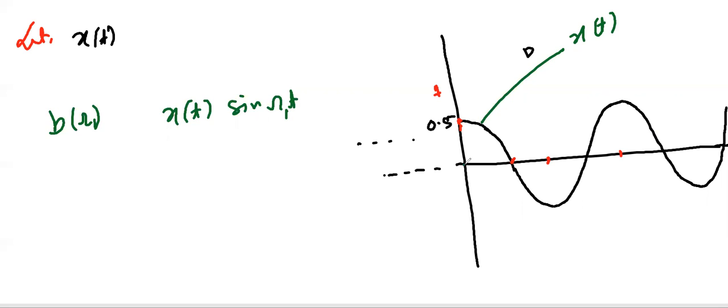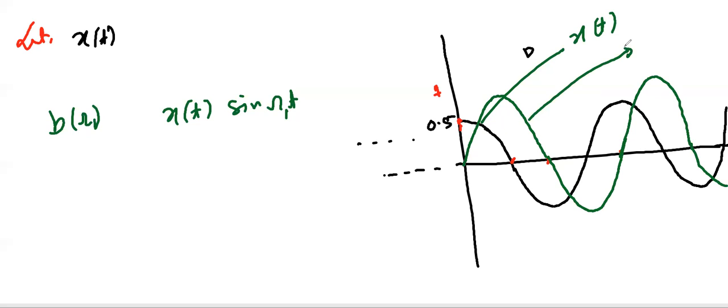Okay, let me try to draw it precisely with the amplitude 1. Amplitude 1. So it will be higher than this. Okay, just think about it in this way. Okay.